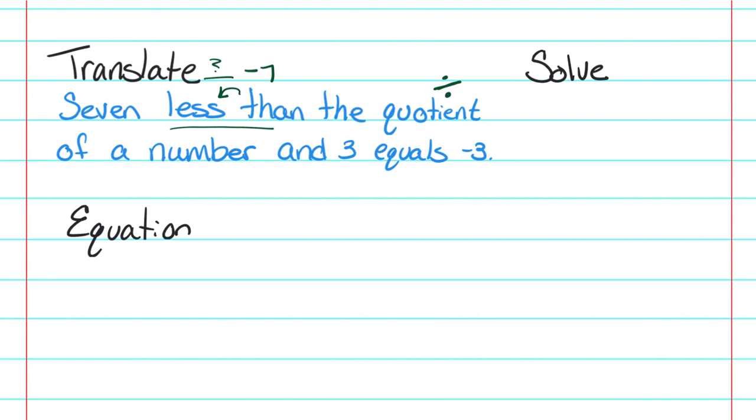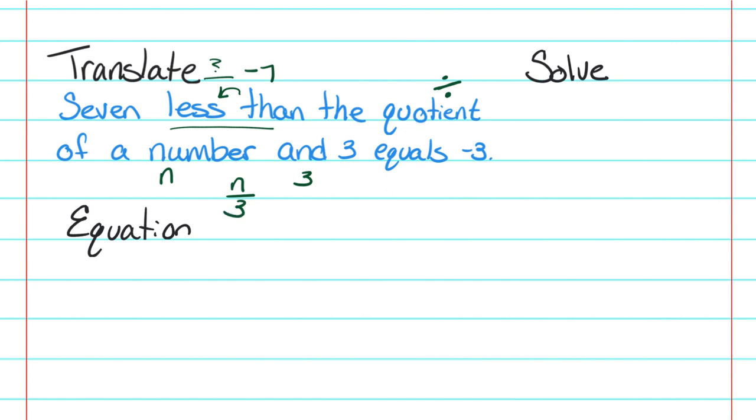So 7 less than the division of a number, not quite sure what that is, we'll call it n, and 3. So the quotient of a number and 3 would be the division between a number and 3. How would I write that? The division between a number and 3.